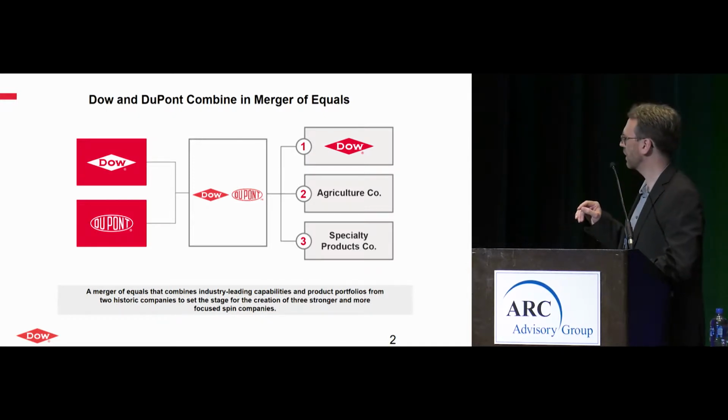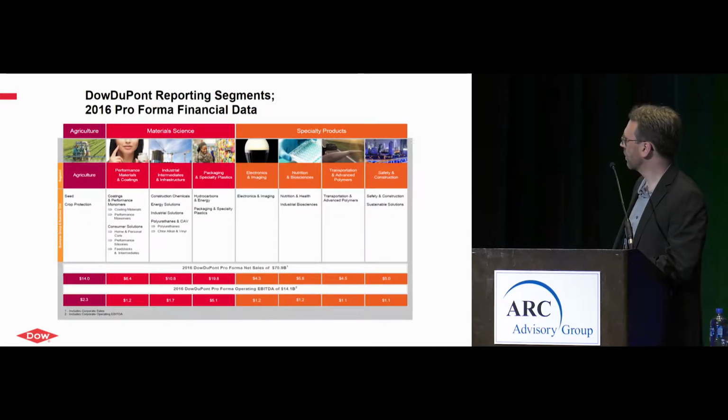So the idea is to split off into three separate, very focused companies. The scope of those three companies: there'll be an ag company, a material science company, and a specialty products company.